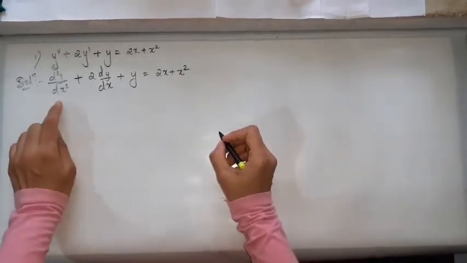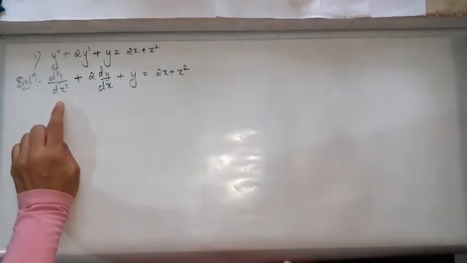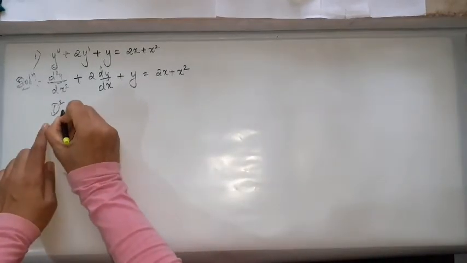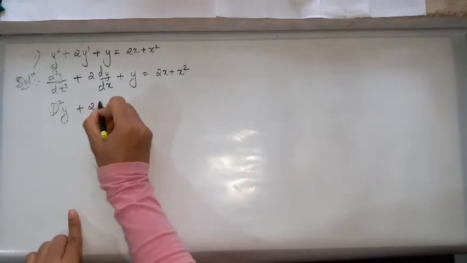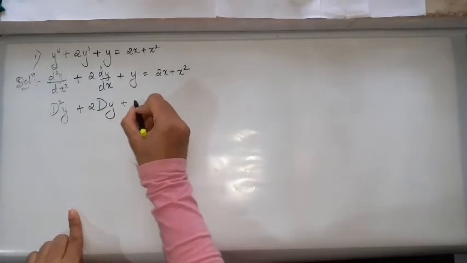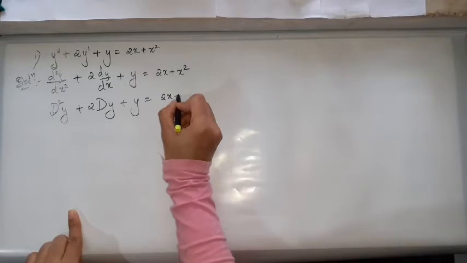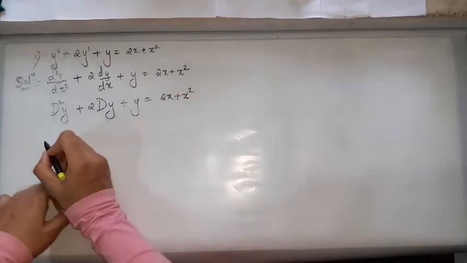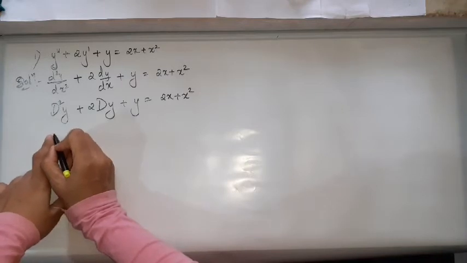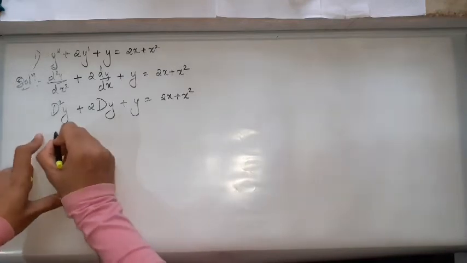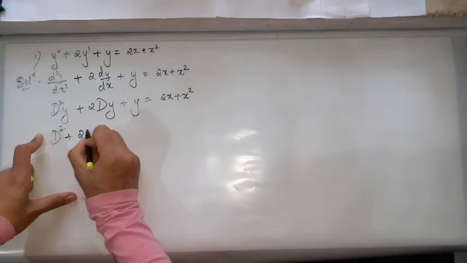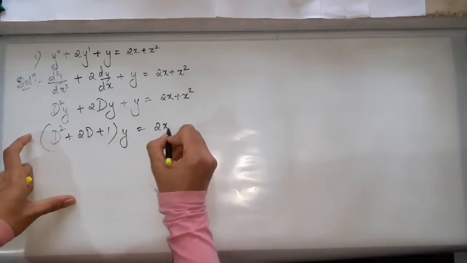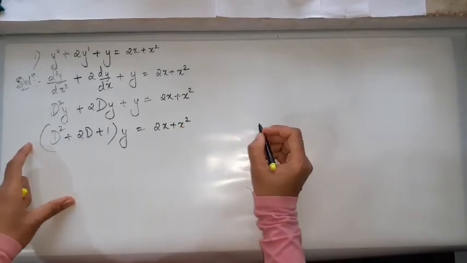Now I told you to replace every d by dx by capital D. So it becomes D square y plus 2Dy plus y is equal to 2x plus x square. I think you all remember these steps very well. So I am proceeding to write the auxiliary equation. It is (D square plus 2D plus 1) of y equal to 2x plus x square, same as the previous problems.